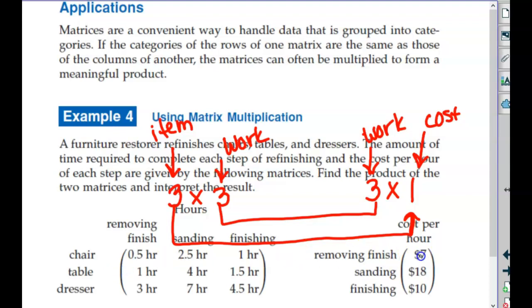The 7 is going to multiply by what? No. The 7 is going to multiply just by this one. And then the sanding is 18, and that's going to multiply by the sanding. And the 10 finish is going to multiply by this one. And if we want the total cost, what do we do with those?